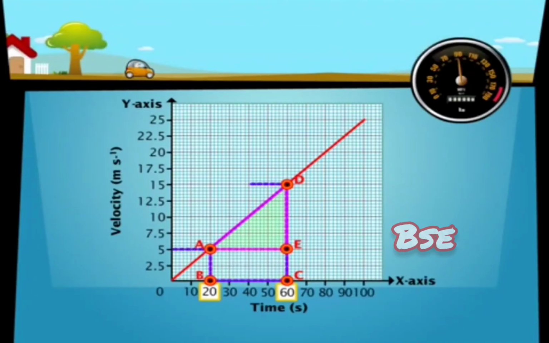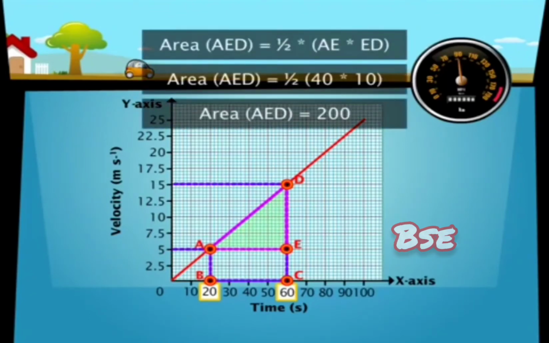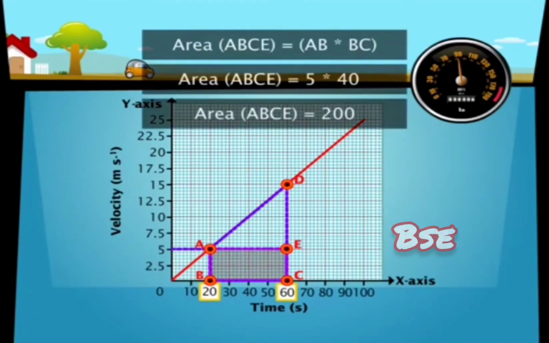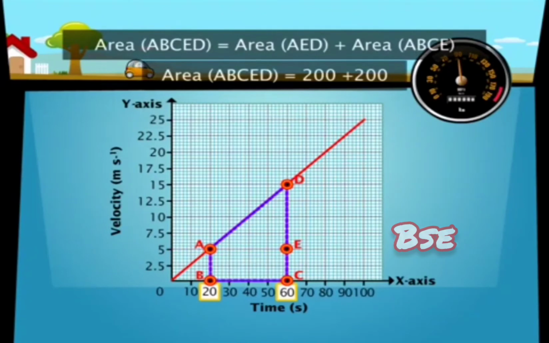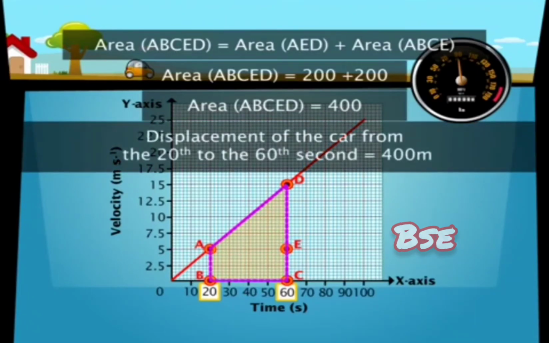You can calculate the area of the triangle AED like this. Now you can calculate the area of the rectangle ABCE like this. Hence, the area of quadrilateral ABCED is 400, which is the displacement of the car between the 20th and 60th second.